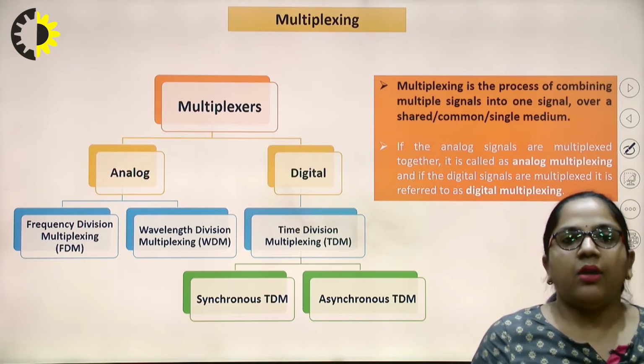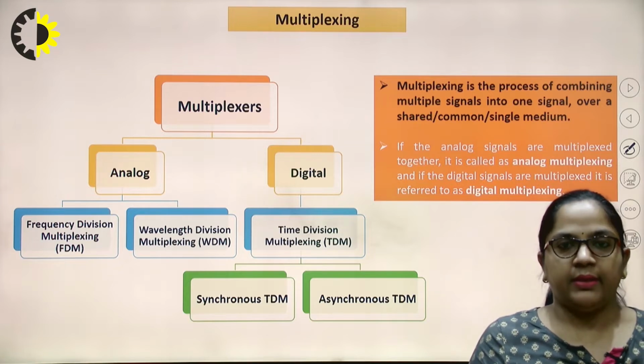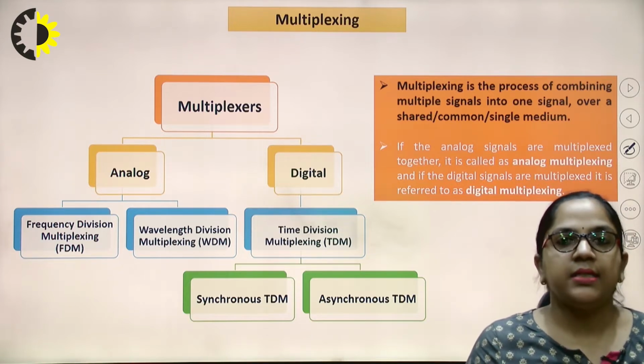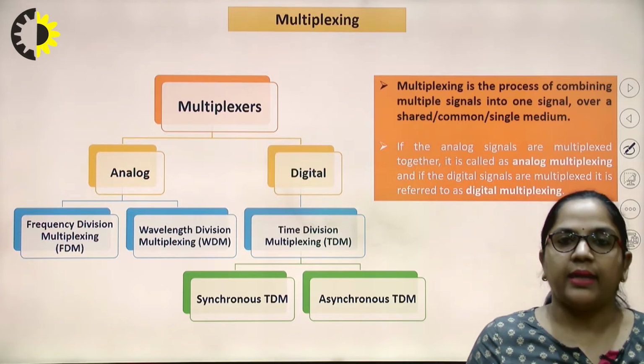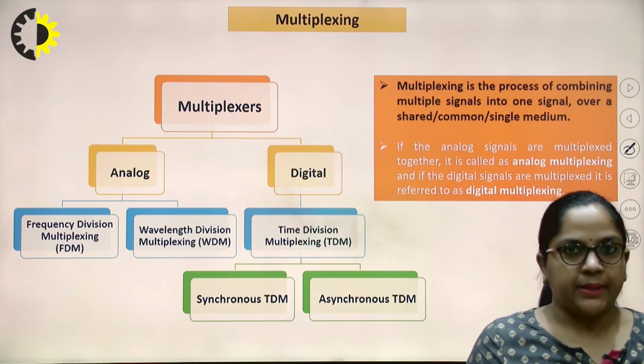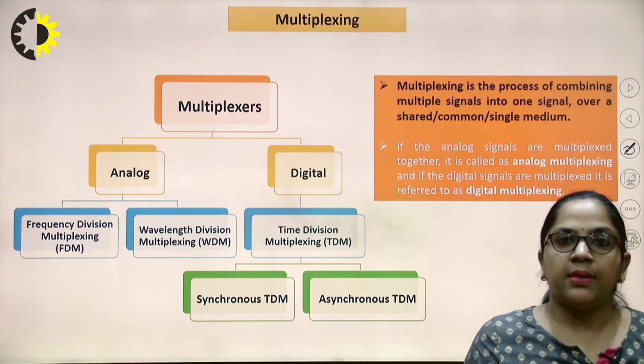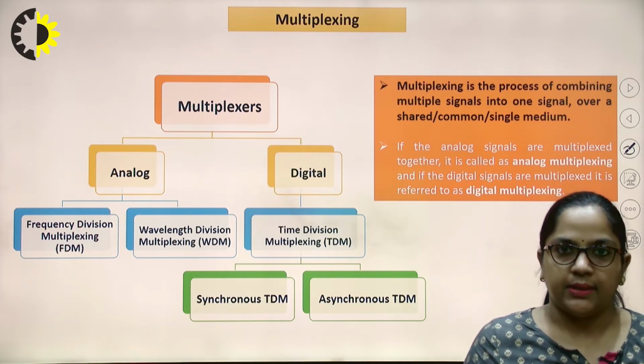If analog signals are multiplexed together, it is called analog multiplexing, and if digital signals are multiplexed together, it is called digital multiplexing. The device with the help of which we can perform this multiplexing is called a multiplexer.